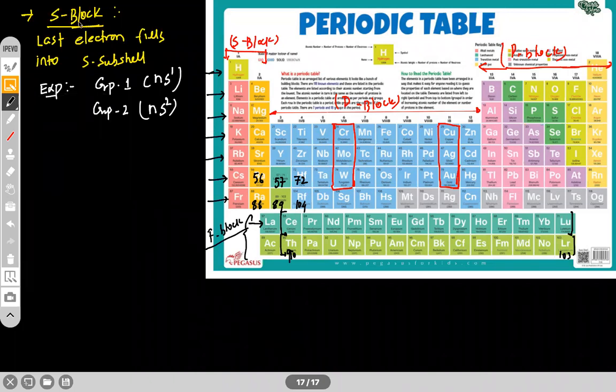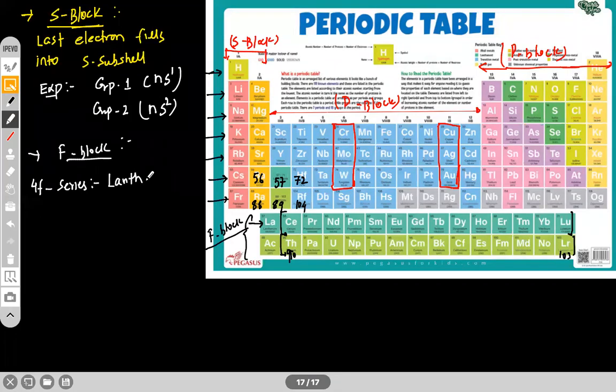The only thing you have to keep in mind here, for F block, we have two series here, 4F series, which we also call lanthanides. Lanthanides starts with cerium, atomic number 58, and it goes to lutetium, atomic number 71, 4F series.